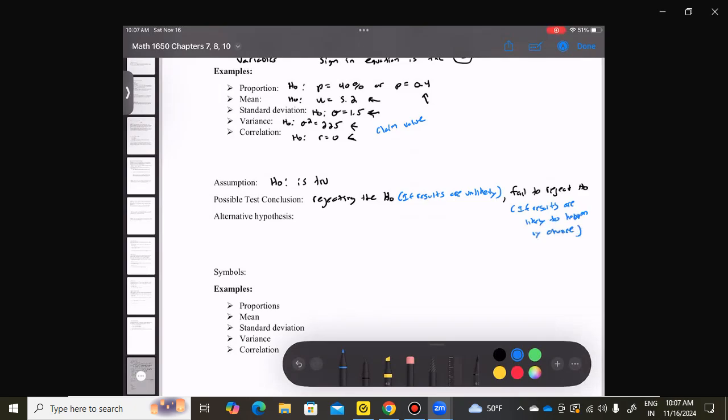Basically, can we get the data we have, assuming that the null is true, and just through the pure chance of getting that data?